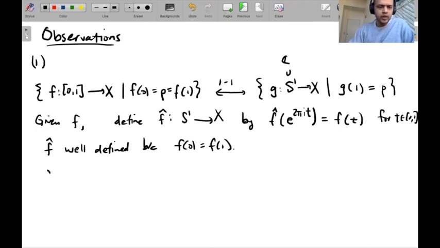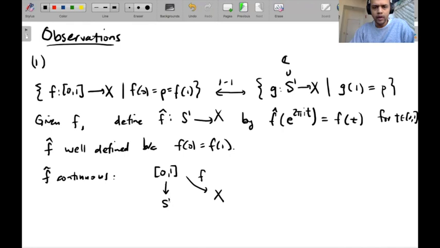And it's continuous because we have the following diagram. We have the map f into X, and we have S1 and f hat here. And this q is the quotient map, q of t is e to the 2 pi i t.